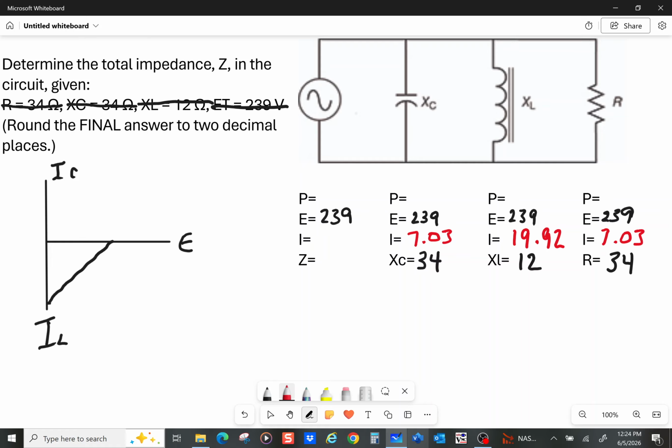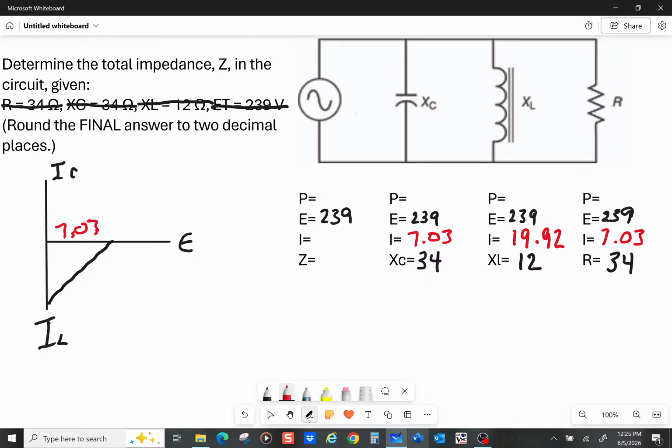So now let's go over to my triangle to solve for total current. My resistive amps of 7.03 amps goes over here on my horizontal line, just like always.